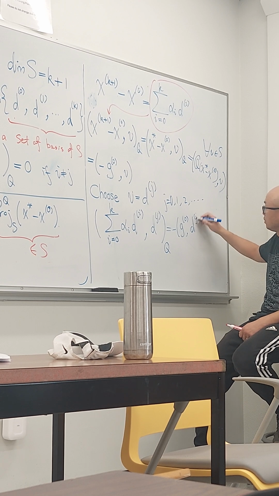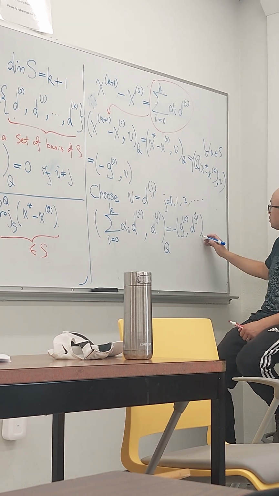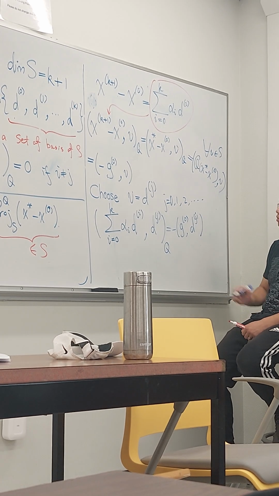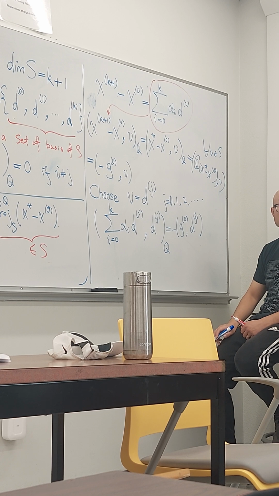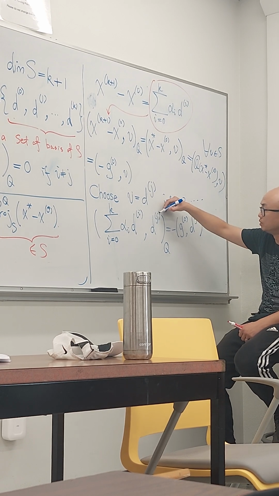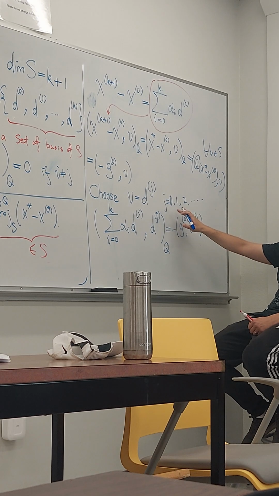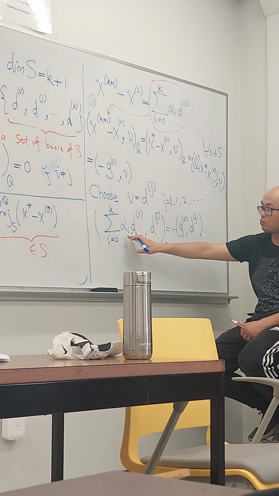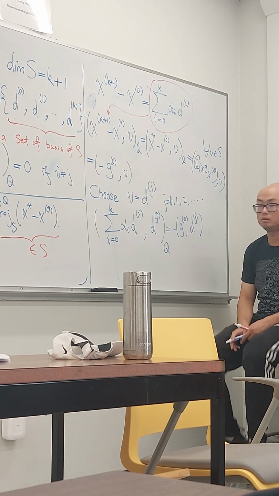Okay. So this is our equation. This is a matrix equation, an equation we want to solve for the alpha i.